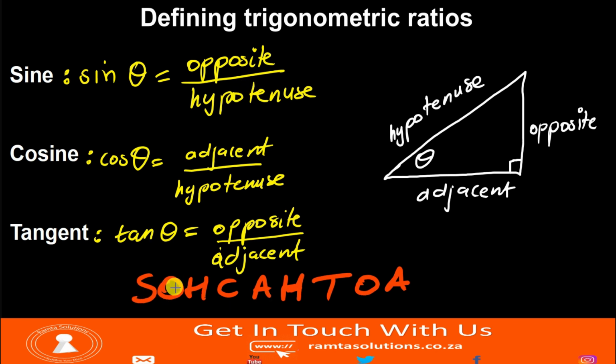Sine is opposite over hypotenuse. What is cosine? Cosine is adjacent over hypotenuse. And what is tangent? Tangent is opposite over adjacent. You say these relative to whatever angle that you are looking at.